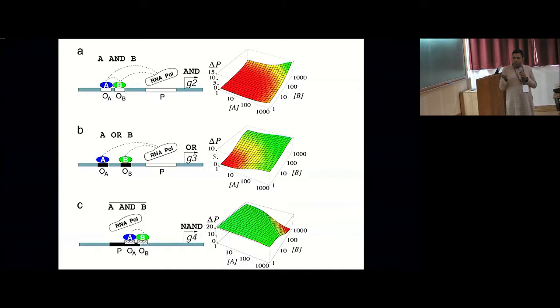It was in the context of a much larger circuit, but you want to keep the expression within some limit. One example is tryptophan synthase in E. coli. It synthesizes tryptophan when there is no environmental tryptophan, but you don't want too much of it. So there is a negative feedback where the gene product negatively regulates itself so that it doesn't make too much, but it's also positively regulated by something else.